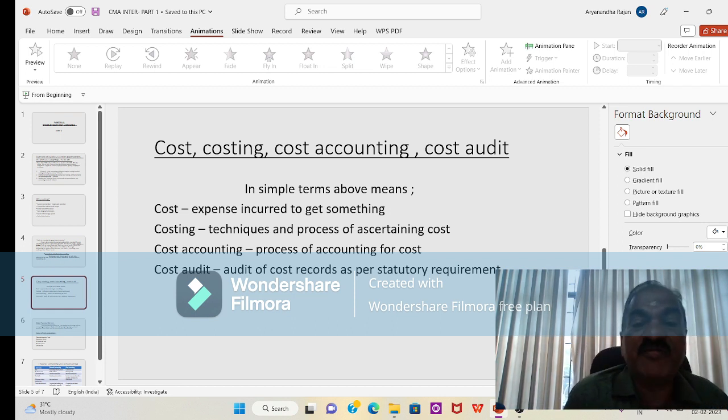Then, in the first chapter, you should have a general understanding of certain terms: cost, costing, cost accounting, cost audit, etc., from where small questions of objective type or true or false type will appear in all question papers. In simple terms, cost means expense incurred to get something, expense incurred to manufacture, or if it is a service industry, to get something. Expense to be incurred or incurred.